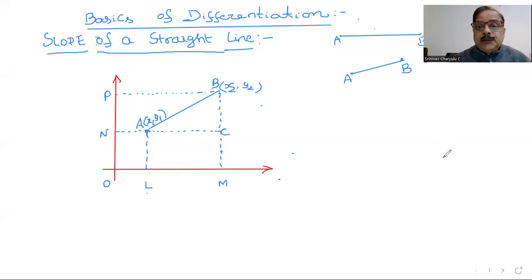So we are comparing. For example, if you take y is equal to x, let us go to the whiteboard and start understanding this clearly. On the whiteboard, let us say, for example, I write y is equal to x.